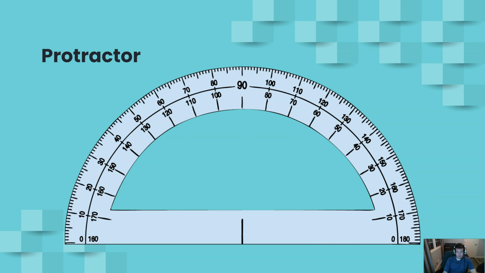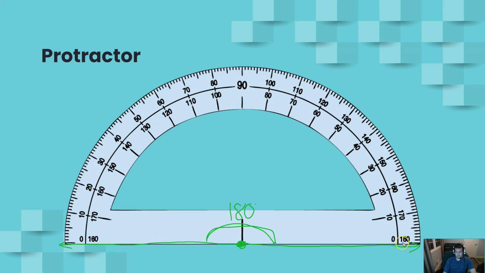The first thing that you should notice about this is that it's basically half of a circle, right? It's not like this whole circle, it's about half of a circle. Now if you remember, half of a circle is 180 degrees. If this was a ray right here, this was your other ray, and this was your vertex, this angle from here to here would measure 180 degrees.